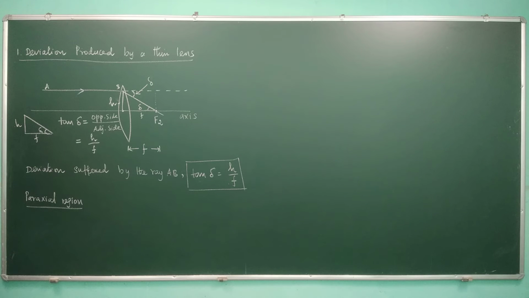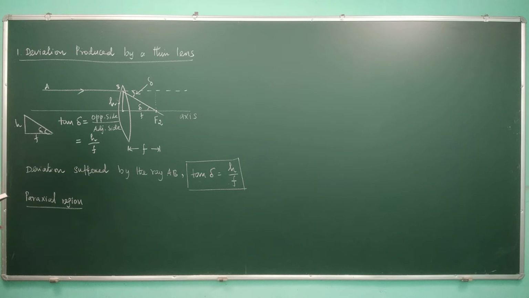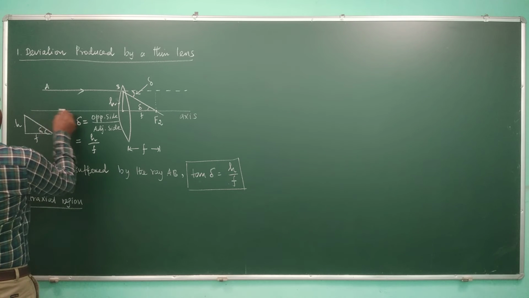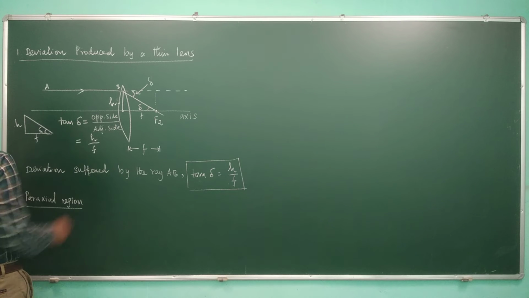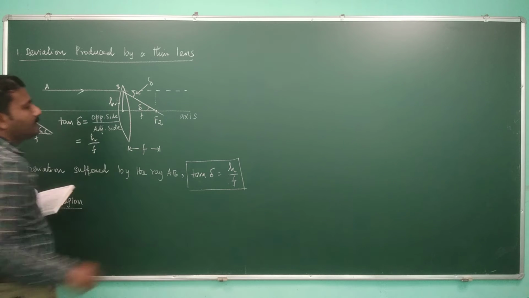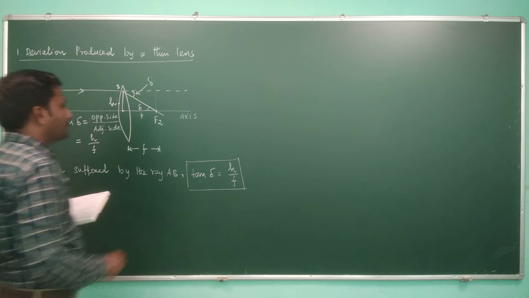The paraxial region is a region which lies very close to the optical axis, where the incident light ray has a very small angle of deviation from its parallel nature.